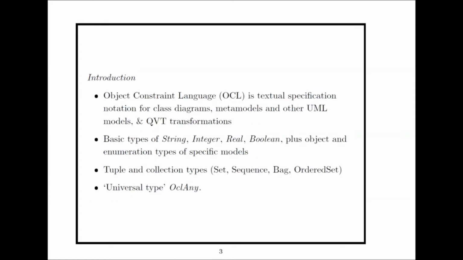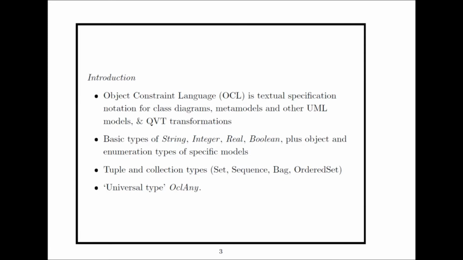OCL is a textual language. It's used to specify constraints on the graphical models like class diagrams and metamodels and many other notations. It has the usual basic or primitive types of strings and numeric types and booleans.